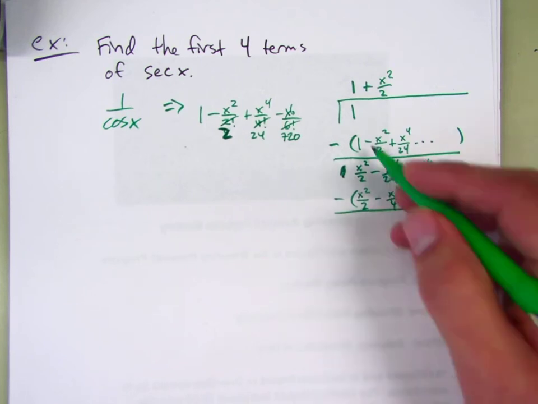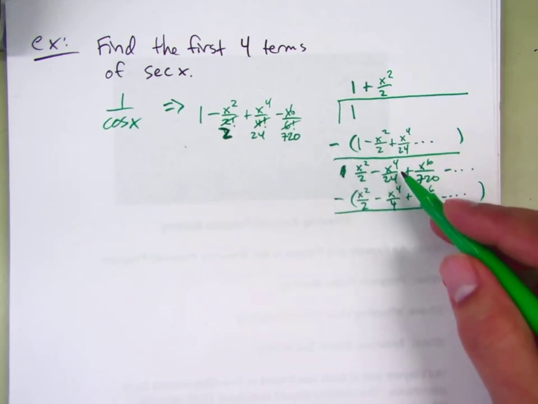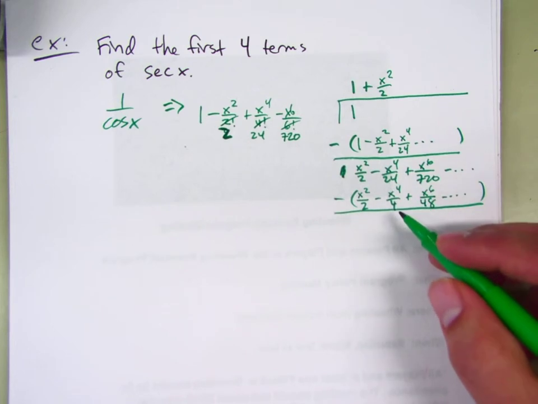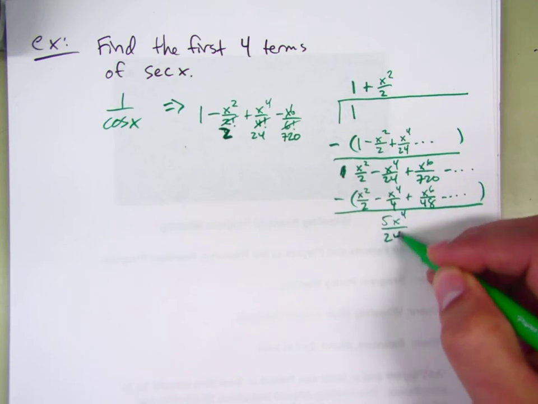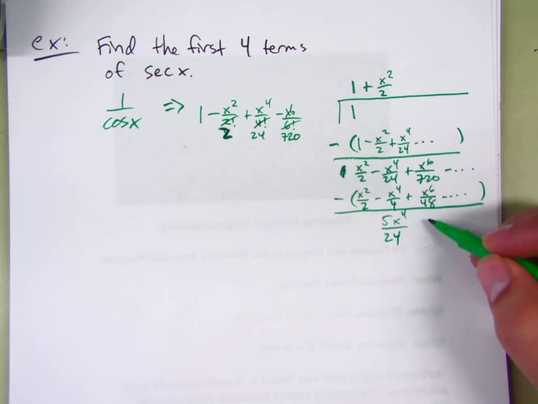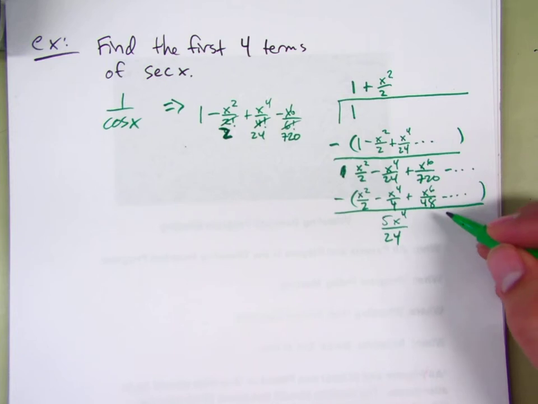Okay. So subtract. Now the x squareds cancel out. And now we just have to figure out this fraction. So negative 1/24 plus 1/4 is going to be 5/24. And now we have 1/720 minus 1/48. That I can't really do in my head. Suppose you could just do it in the calculator.